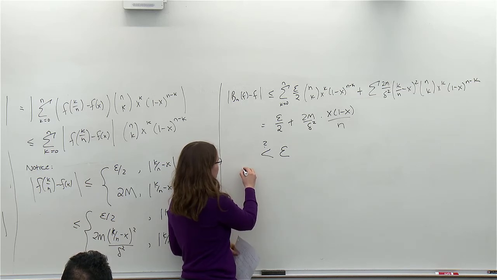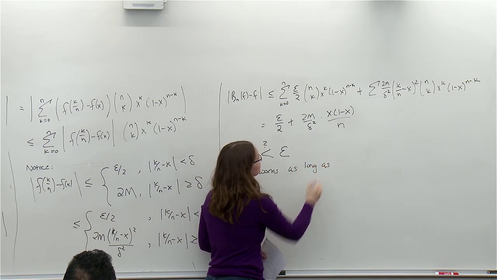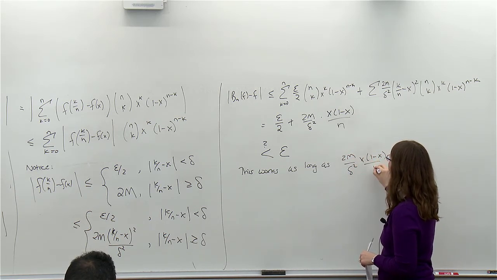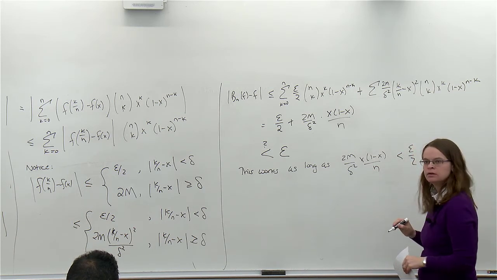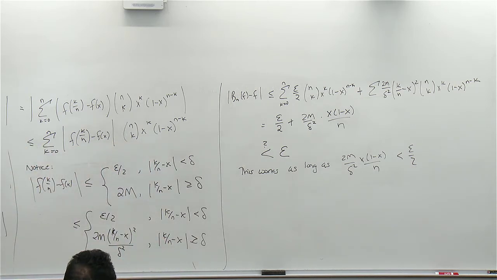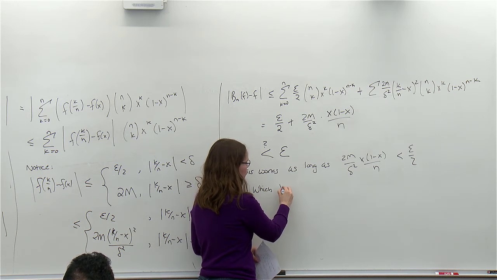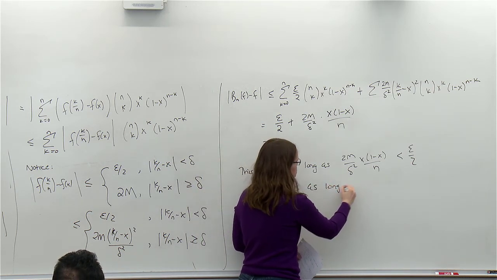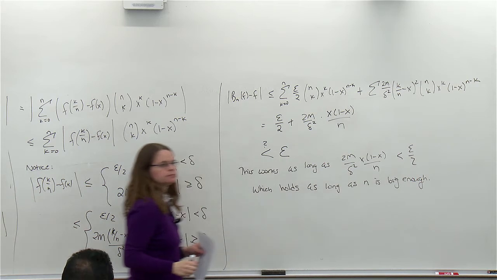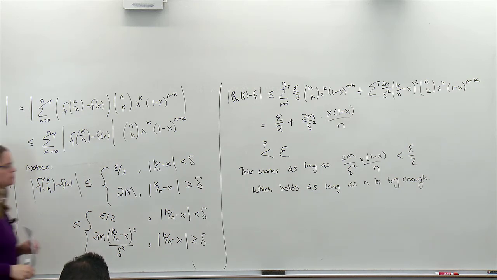So the answer is yes, this works, as long as we take 2m over delta squared times x(1 minus x) over n to be less than epsilon over 2, which holds as long as n is big enough. Okay, and that's the proof.